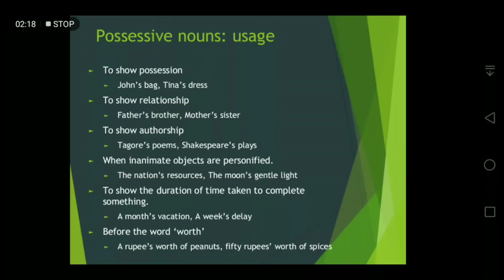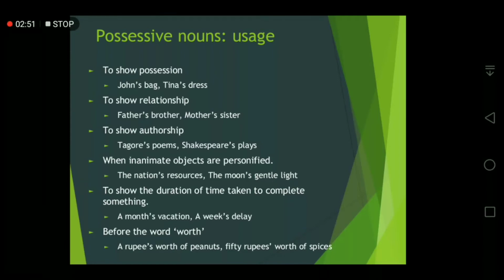So here you can learn the uses of possessive nouns, where you have to use them. First, to show possession. If you want to show ownership of a thing, you can use it like John's bag, Tina's dress. Then you can show relationship. Suppose we are trying to express relations to your relatives.